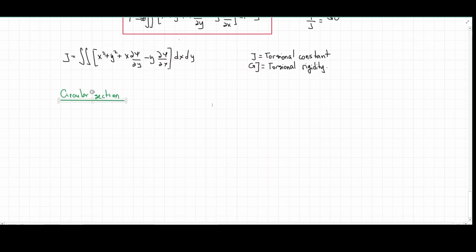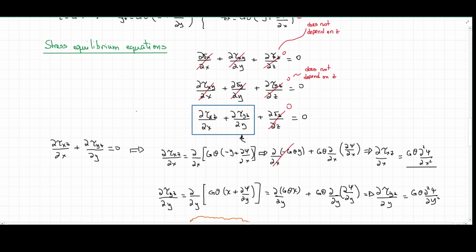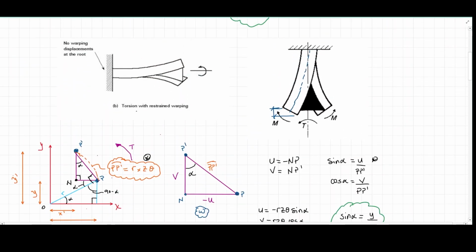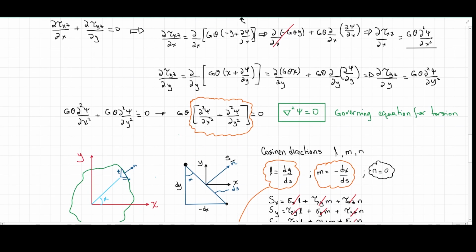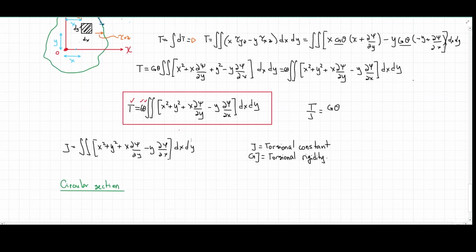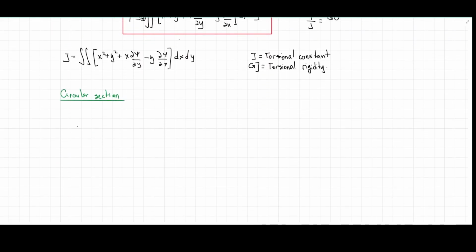Then if I come back here, I can say that okay, if there is no warping, so let's put it in this way. If I have the governing equation for torsion, this one here, and I say, okay, so this Laplace form of this equation equals 0.